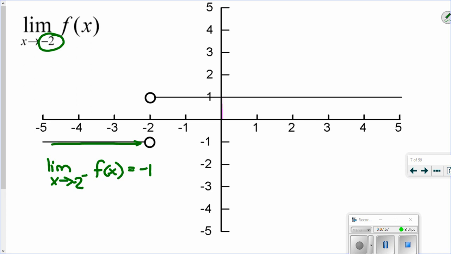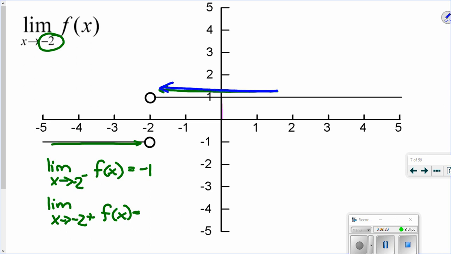And then we have to look at the right-hand side. What's the limit as the right-hand side goes towards negative 2? If we're going towards negative 2 from the right-hand side, that's also, no, it's not negative 1. What's happening as we come from the right-hand side?